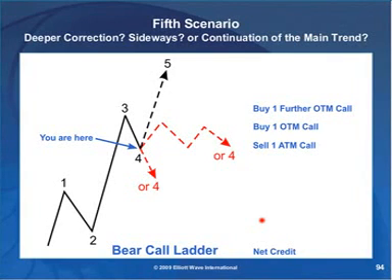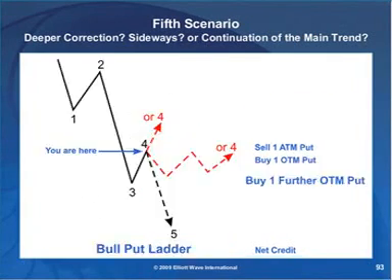Okay, so again, we'll just look at the bull put ladder again, just to make sure this is clear. We sell an at-the-money put, and we use that revenue to finance our out-of-the-money puts, and hopefully have a little bit left over. That's all we want.